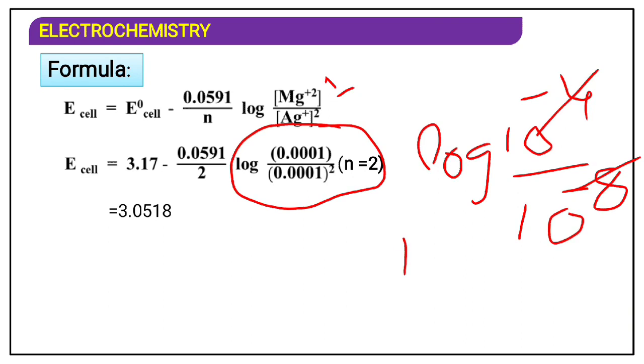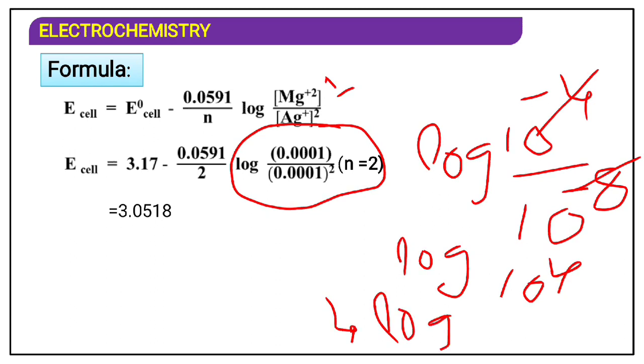So the next step is log 10 to the power of plus 4. Then it is again log a to the power of b. This is a formula. You know already, in first year we discussed that log a to the power of 4 is equal to 4 log a, so we get 4 log 10.